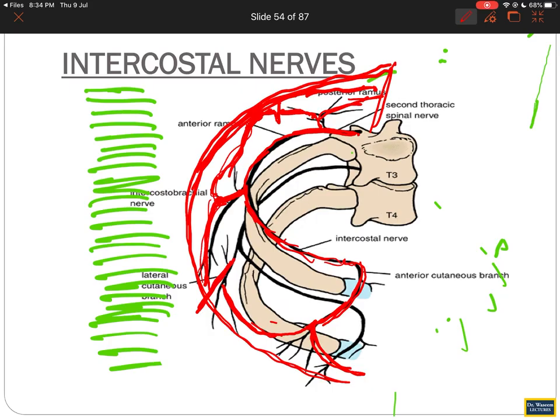I told you the 10th dermatome is the 10th belt of skin; in fact, the T10 band of skin passes over the umbilicus. Likewise, these dermatomes are important. So when the intercostal nerves have a problem or are injured, you will have a problem even in the abdominal wall.